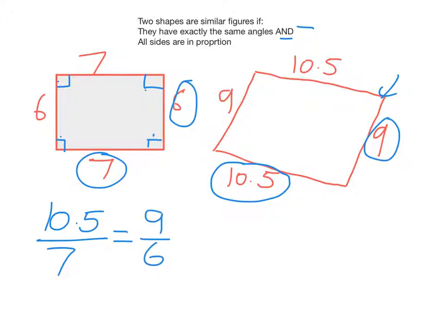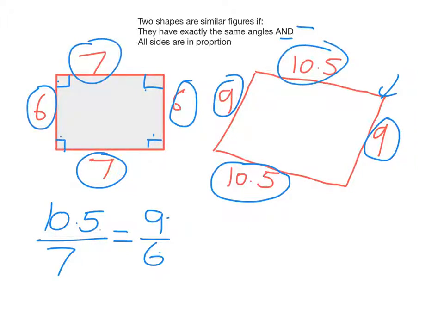So if I take a side in this shape here and divide it by its corresponding side in this shape here, I always get the same number, 10.5 over 7 or 9 over 6, which is equal to 1.5. So actually in this example all sides are in proportion, but the shapes are still not similar because they don't have exactly the same angles.